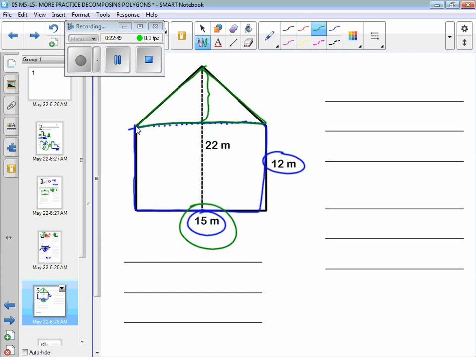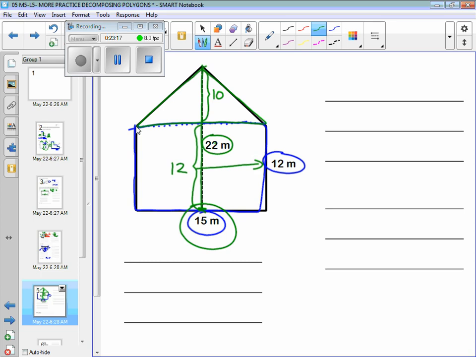Since it's 22 all the way at the bottom to all the way at the top, I need to take 22 and subtract what it is from here to here, which is 12. 22 minus 12 will get you 10 for the triangle. That's the height.